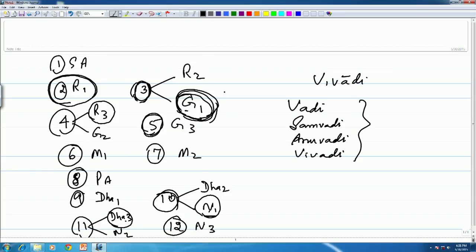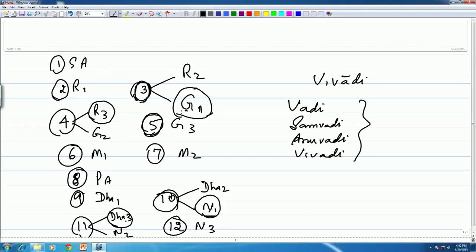Any raga which has these swaras, that is a Vivadi raga. So in contemporary Carnatic music, Vivadi is primarily applied to, we only talk of Vivadi ragas or Vivadi melas.